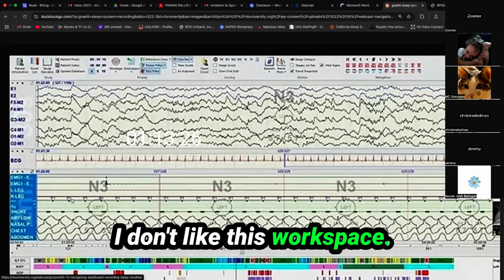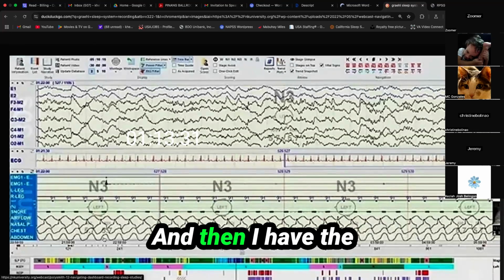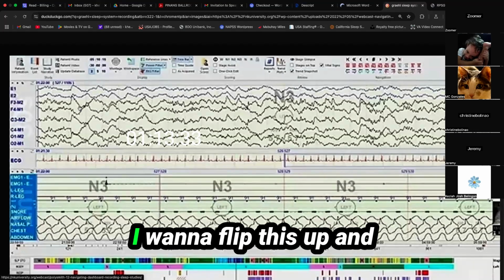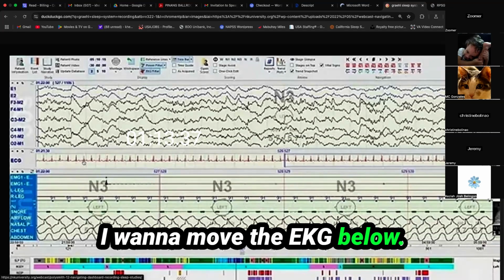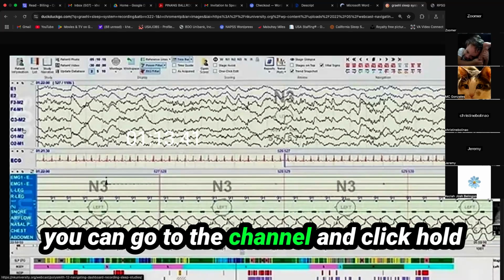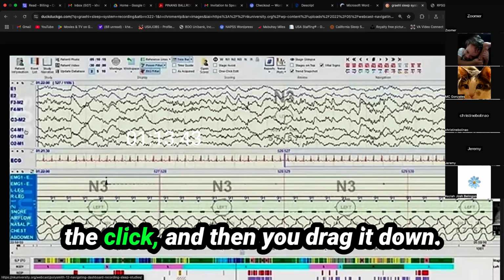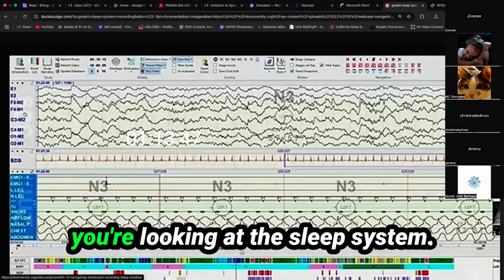I don't like this workspace. I don't like this separation of EEG here, and then I have the respiratory here, right? I want to flip this upside down. I want to move the EKG below. So you can have shortcuts up here, or you can go to the channel and hold the click, and then you drag it down. That's how you can rearrange how you're looking at the sleep system.